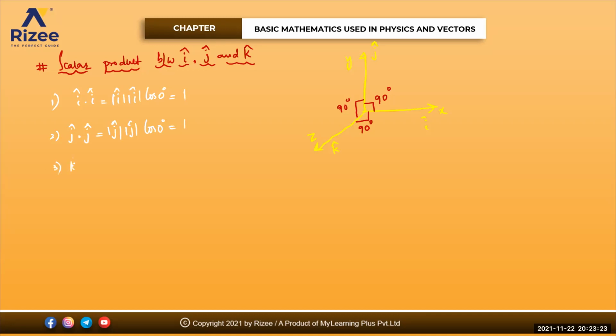Third one, k cap dot k cap is equal to mod k into mod k into cos 0, that is equal to 1. That means I cap dot I cap is equal to j cap dot j cap is equal to k cap dot k cap, and it is always equal to 1.